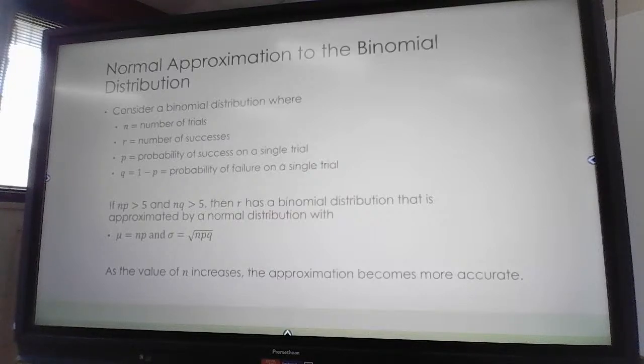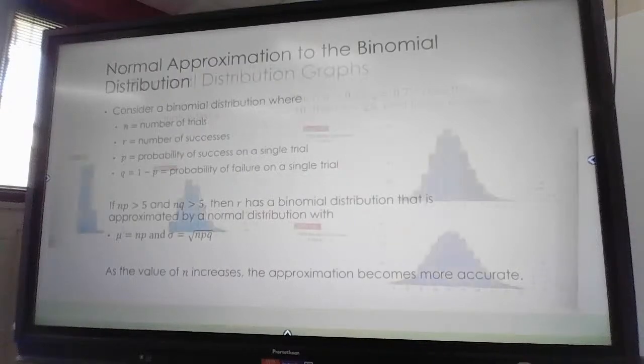If the number of trials times the probability of success, np, is greater than 5, and the number of trials times the probability of failure, nq, is also greater than 5, now, those don't have to be the same number, as long as each of those is greater than 5, then r has a binomial distribution that is approximated by a normal distribution with the same mean and the same standard deviation as the binomial distribution. And as the value of n increases, as the number of trials increases, the approximation becomes more accurate. It becomes more normal.